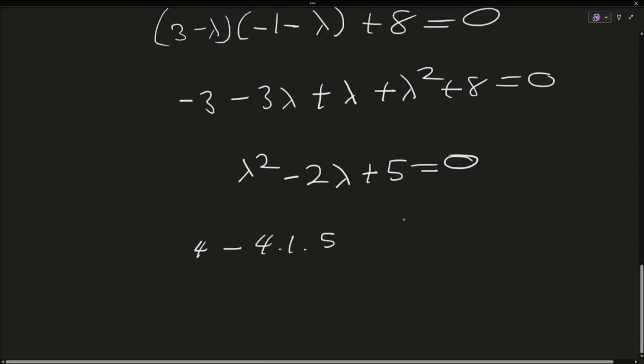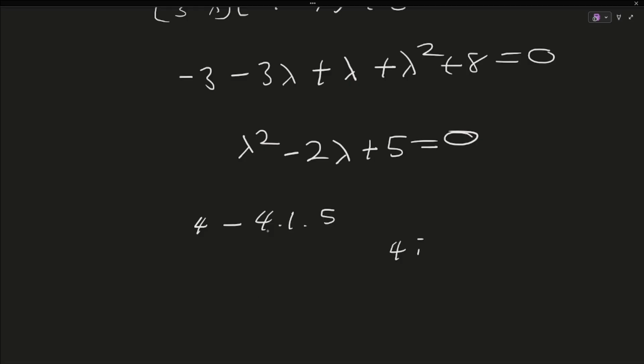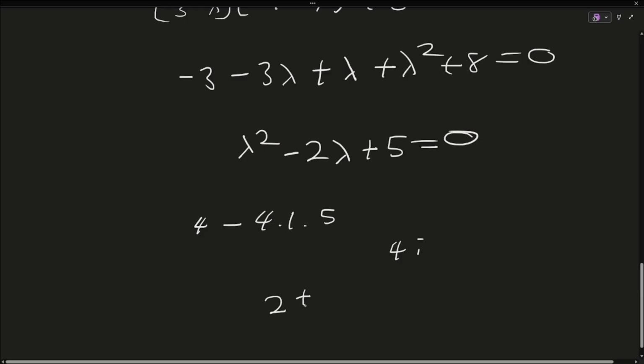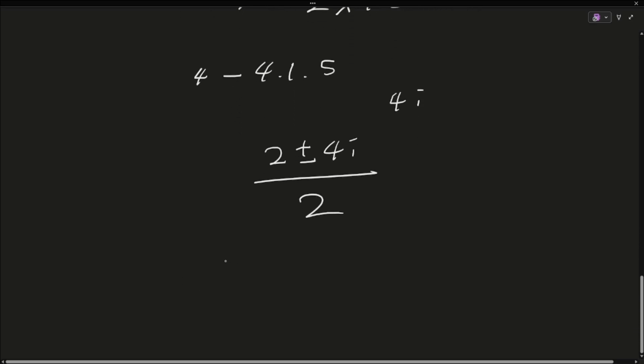So our square root of the discriminant will be 4i in this case. So our roots will be negative b, which is 2, plus or minus 4i, divided by 2a, and a is 1. So our solutions for eigenvalues are 1 plus 2i.